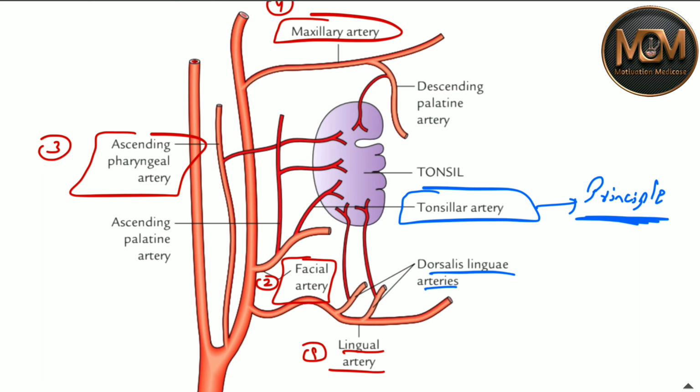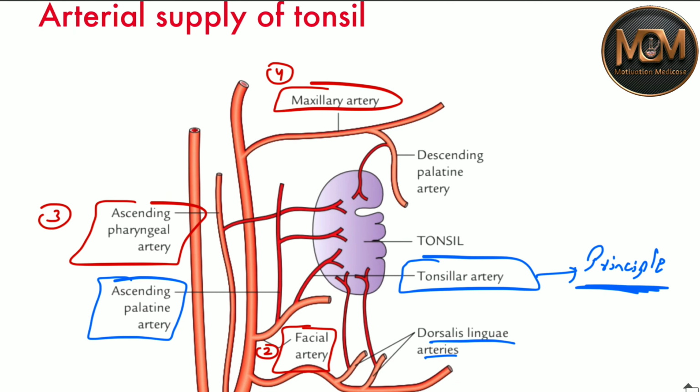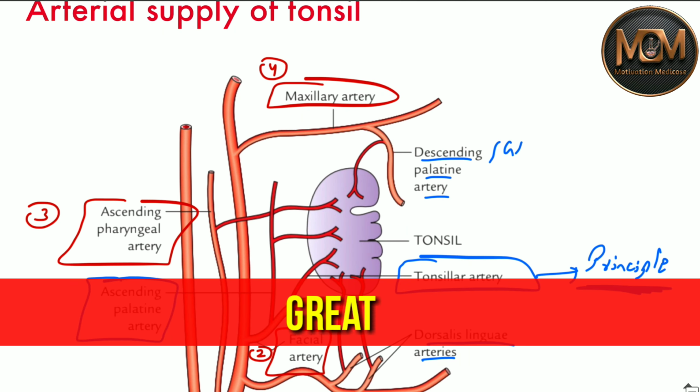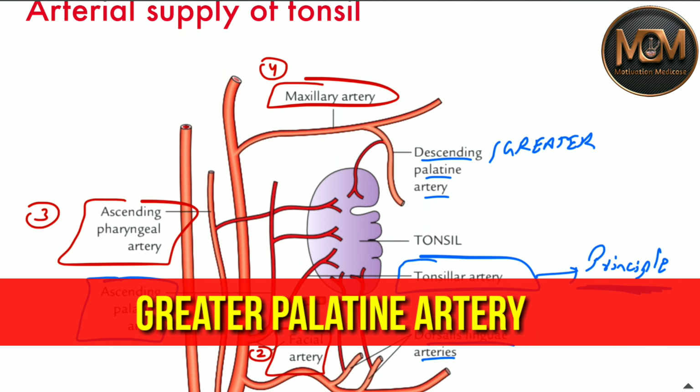The facial artery gives one more branch, the ascending palatine artery. The third is the ascending pharyngeal artery, and the fourth is the maxillary artery. It gives the descending palatine artery, or the greater palatine artery, which supplies the palatine tonsil.